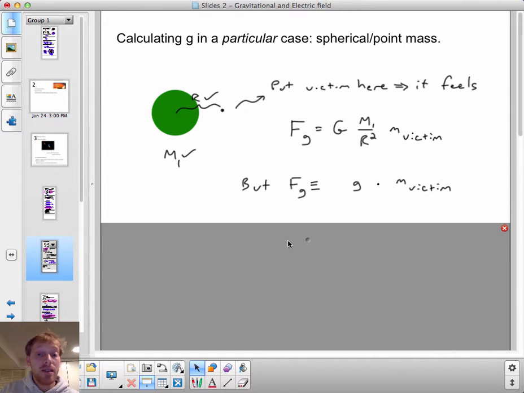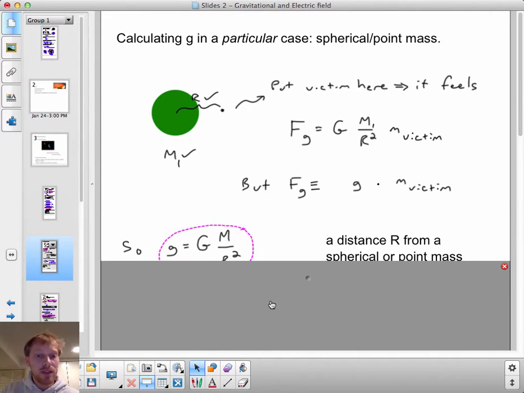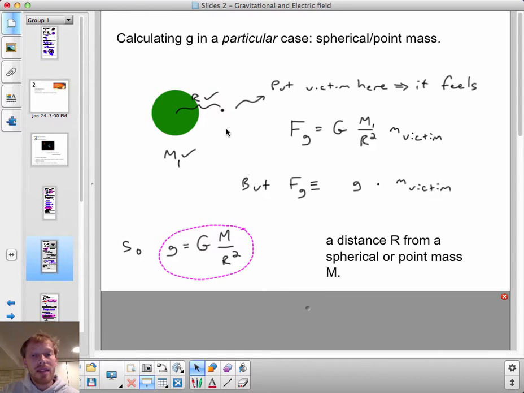But in the previous slide, we just said that the gravitational force on a victim at a location is equal to the gravitational field at the location times the mass of the victim. So it looks like we've just proven that the gravitational field at that location is big G times the mass of the planet creating the gravitational field divided by that distance r squared.